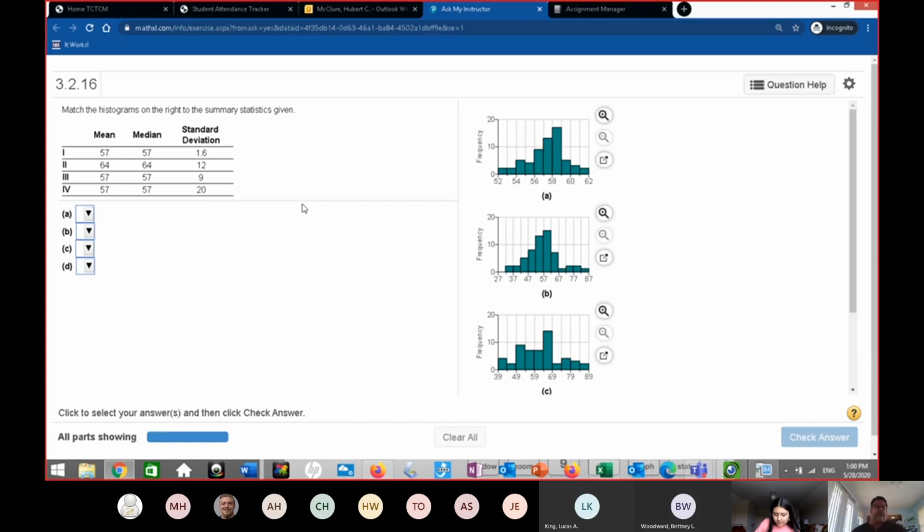So let's take the first one. We're not even going to look at the pictures yet. We got a mean of 57. I wonder how many of y'all actually printed out the curves.